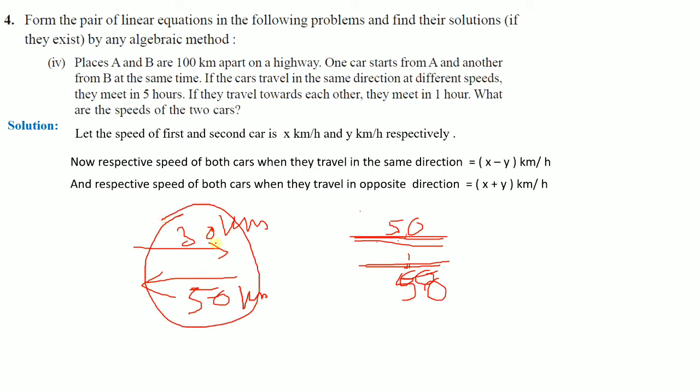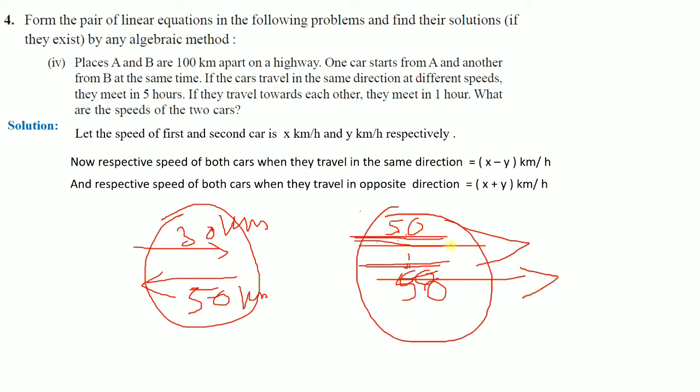If you are moving in the same direction, these two will be subtracted, so you get a difference. That means 50 minus 50, as I told you, if the speed is the same, you will feel like your buses are standing at the station, not moving. So 50 minus 50 is equal to 0 speed.